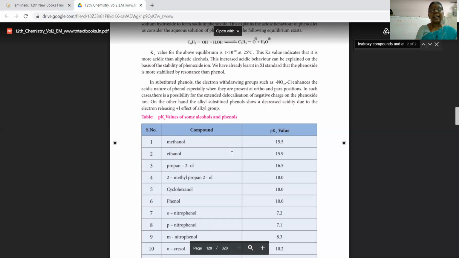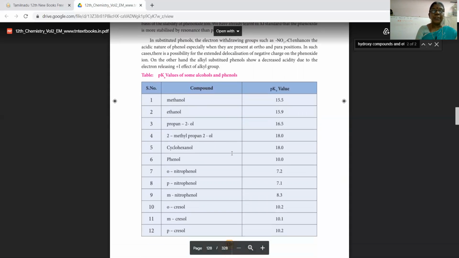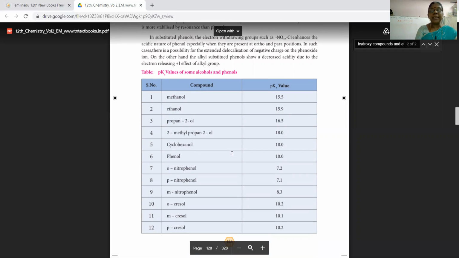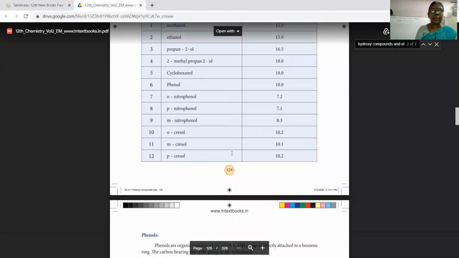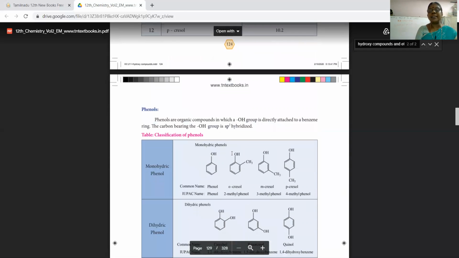On the other hand, alkyl substituted phenols show decreased acidity due to the electron releasing, that is +I effect, of the alkyl group. And in this tabular column, some of the compound names and their pKa values are given. Okay, we can compare the acidity.